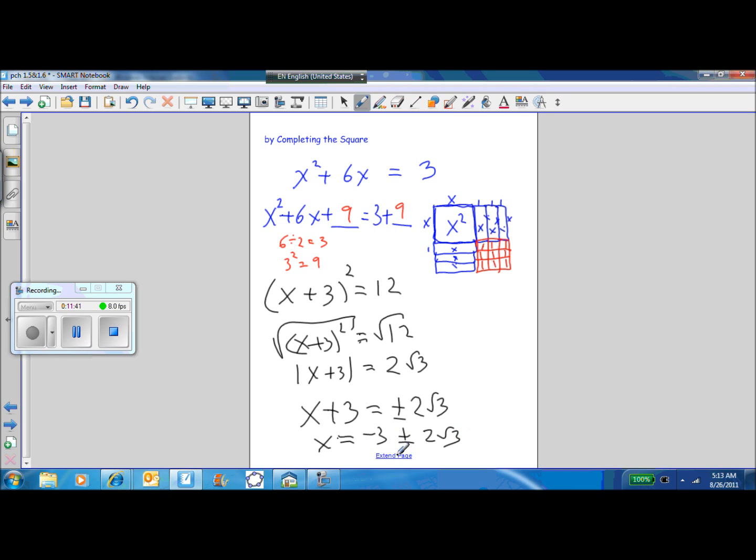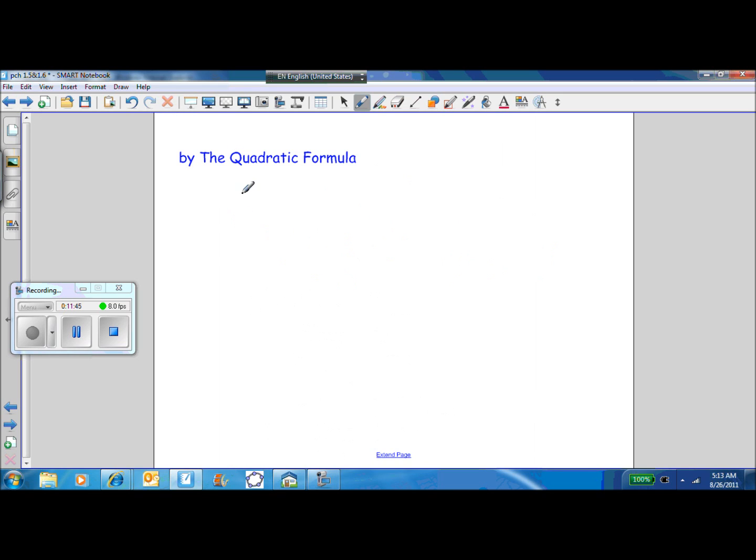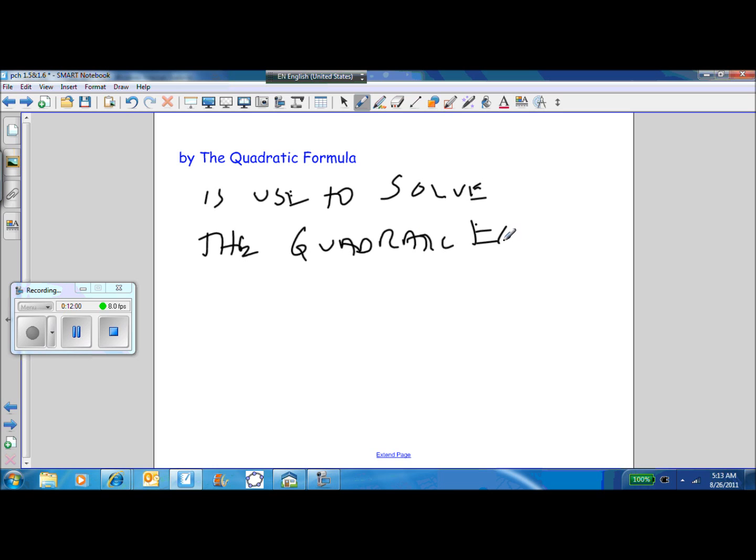Now the quadratic formula is used to solve the quadratic equation. And the quadratic equation is ax squared plus bx plus c equals 0. Okay?